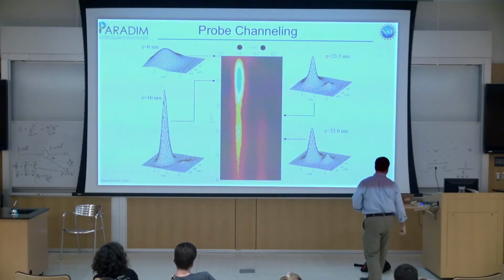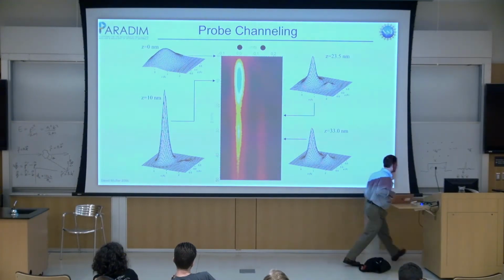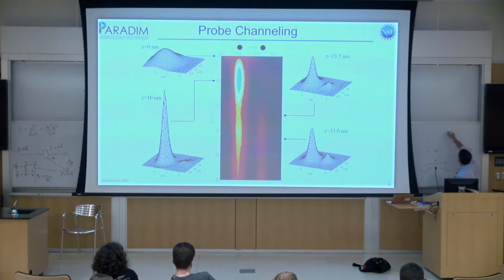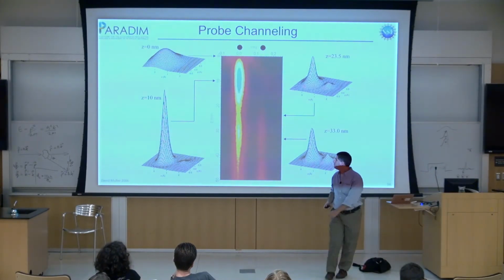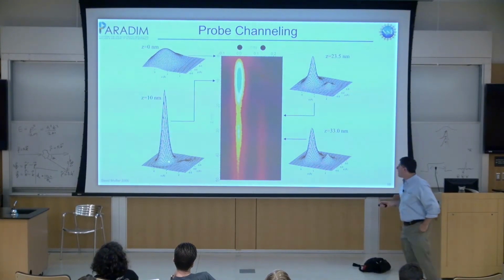Basically all that's happening, if you think about it, is I have a row of positive charges like that, and a big fat electron beam is very quickly reshaped and attracted to the column. So it gets channeled onto the column.